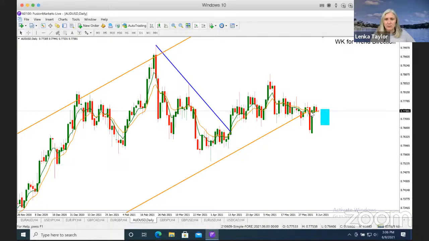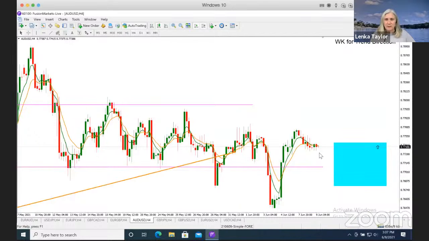Daily had a little blip under, so it's trying to possibly reverse, but I'm still holding long for that one. So I'm looking for a pullback down to this level, and then looking for a long if there is a reversal in that direction.